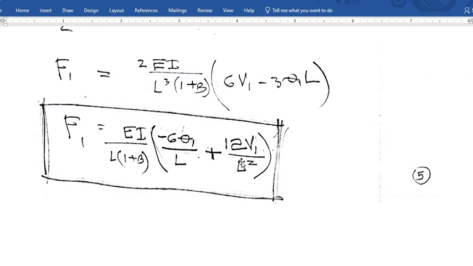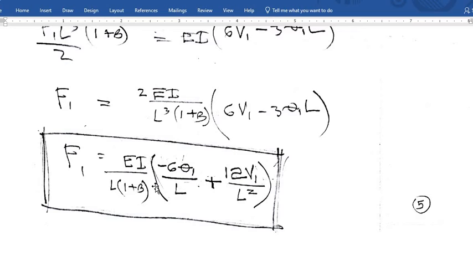So, L times L squared will give you L cube. Tapos itong minus 3 theta 1 L, i-distribute natin si 2, tsaka si all over L squared. So this becomes now negative 6 theta 1, okay, all over L. Okay, so magkakancel ngayon yung L.